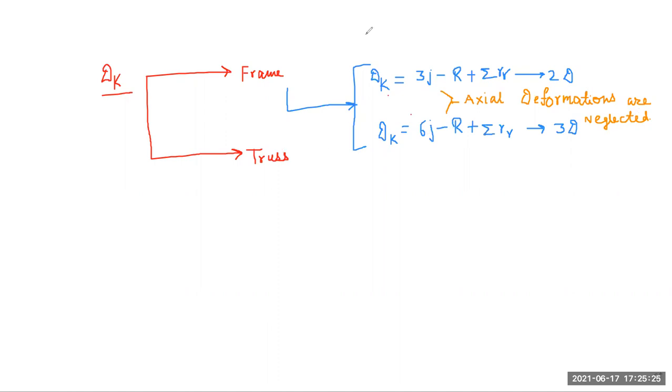Next one is for truss structure. Basically for truss structure, your DK, degree of freedom, is equal to 2j minus r.